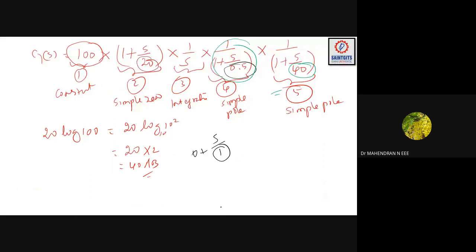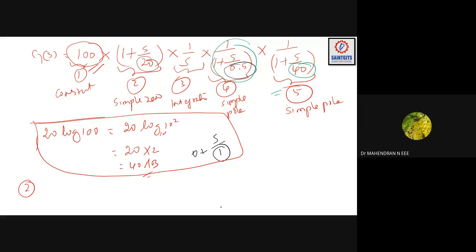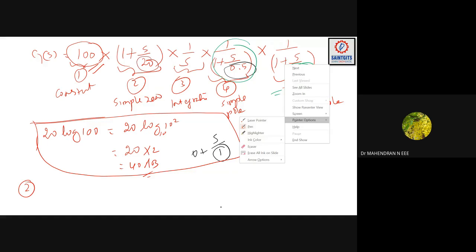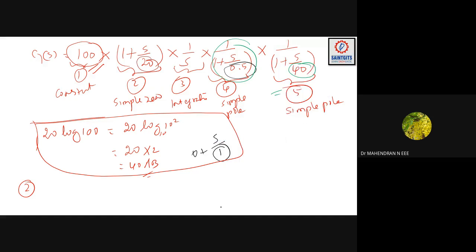Right. So here, this is another calculation. Forget about this. Here I'm going to do the phase plot calculation. Regarding the first term, it is a constant, so we don't need to bother about the phase calculation of the first term.